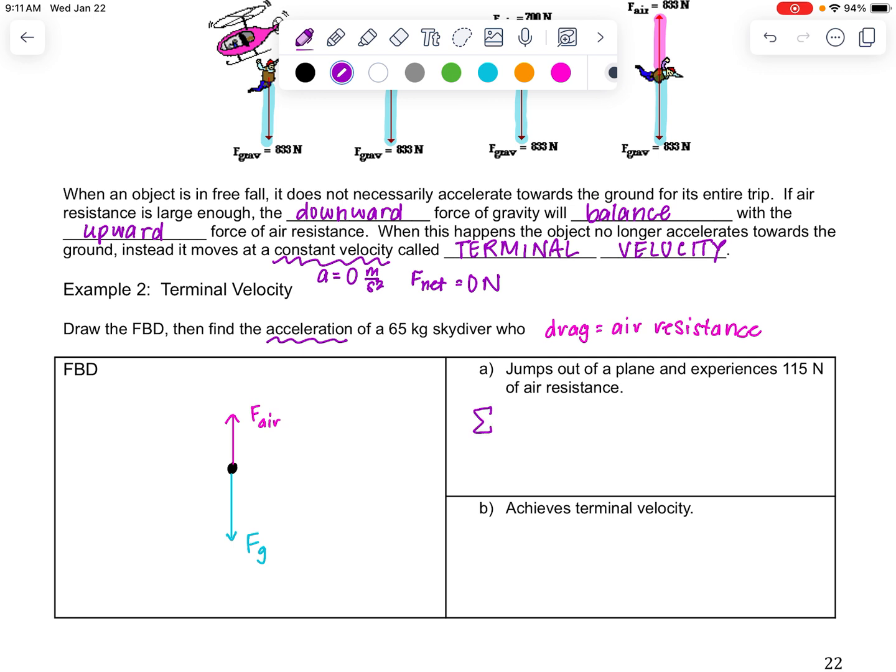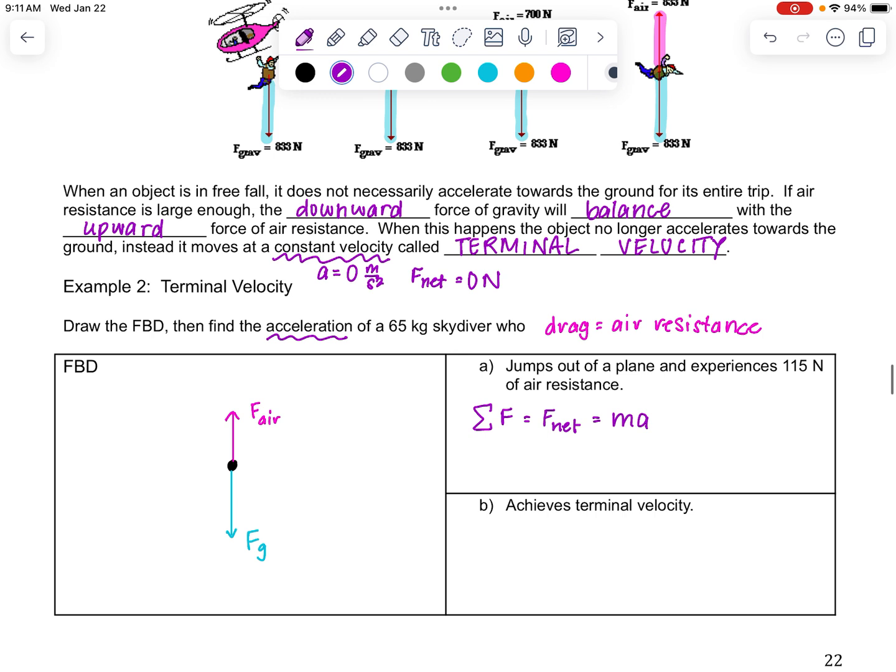I know I have two forces, so I need the sum of the forces, also known as F net, is equal to M times A. What we're solving for is A. I know that there is this mass. Luckily, it's in kilograms for us. I like that.